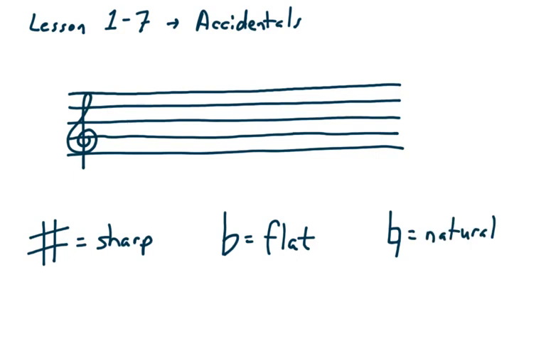Now, when you look at a keyboard, you have white keys on the bottom and you have black keys on the top, right? Okay? The black keys are where you have accidentals. And today we're just going to get into how these work compared to everything else that you've done so far.